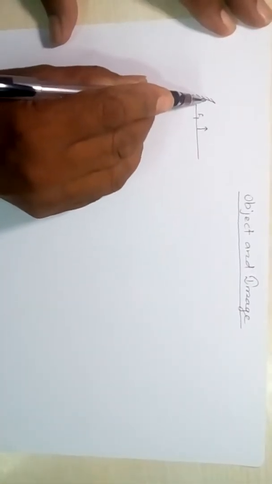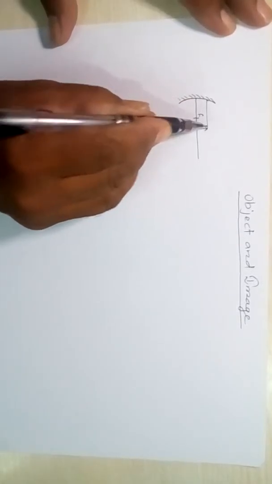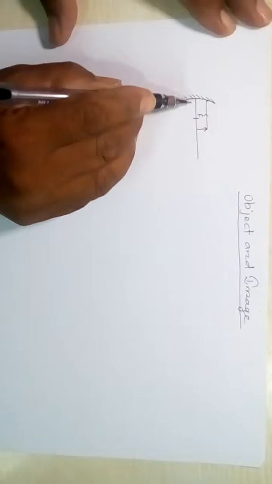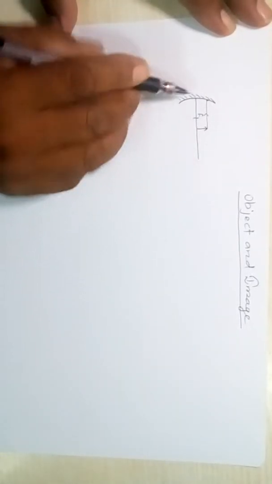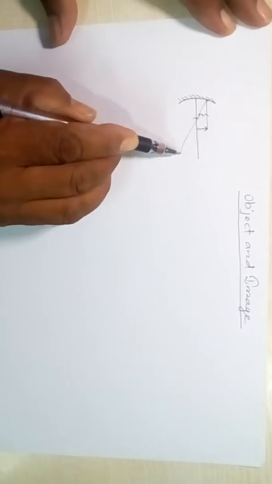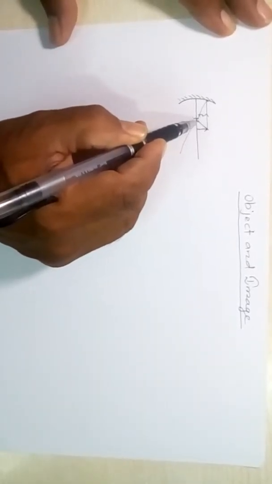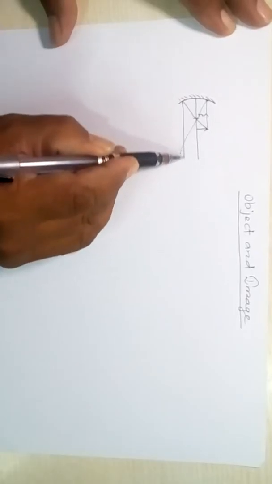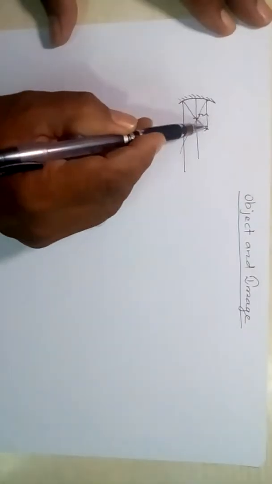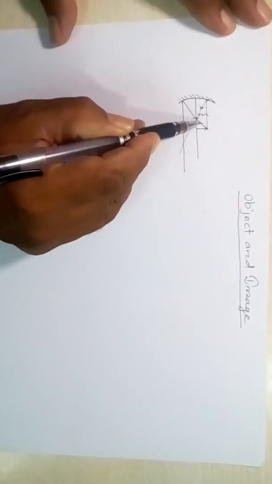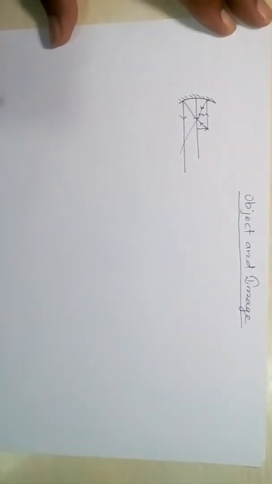Normally we take two rays of light from the object to the mirror. One ray is coming parallel to the principal axis, and according to the rule it passes through the focus, and another ray passing through the focus reflects back parallel to the principal axis. This is the incident ray, this is the reflected ray, this is the incident ray, this is the reflected ray.